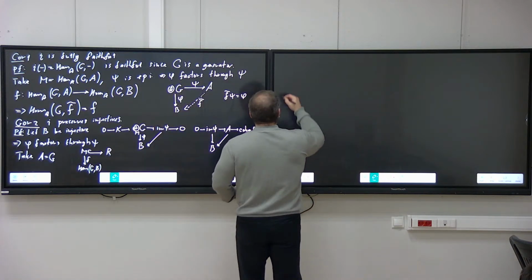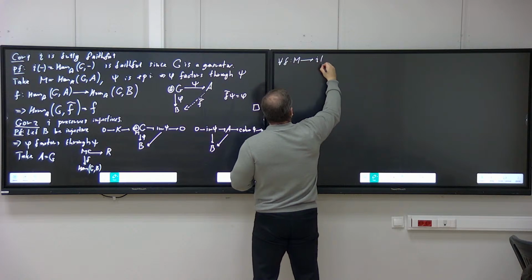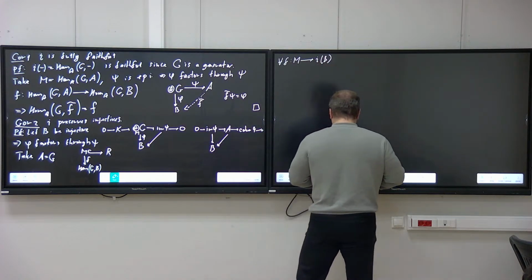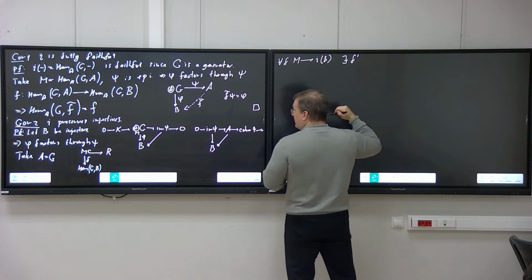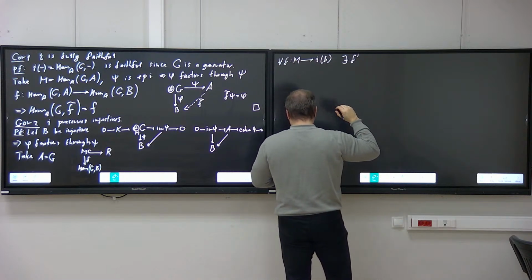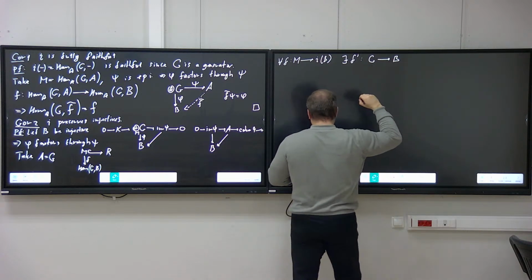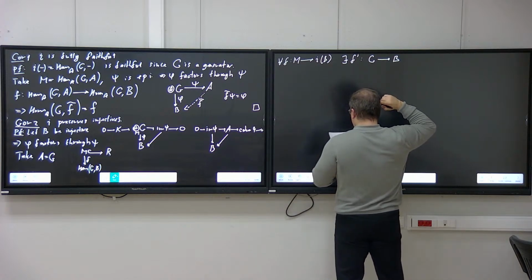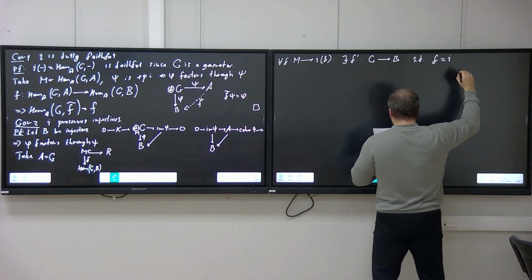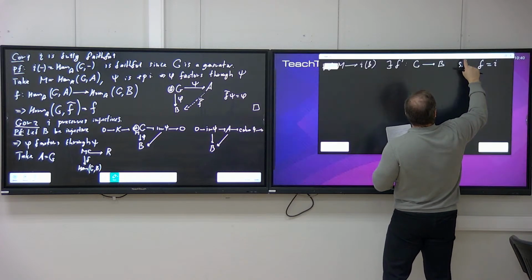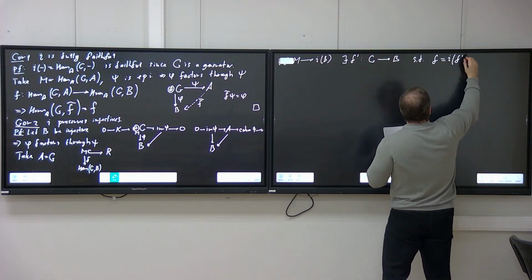So for any f, which is a map from this ideal M to I of B, there is a map f prime from G to B such that f is equal to I of f prime.